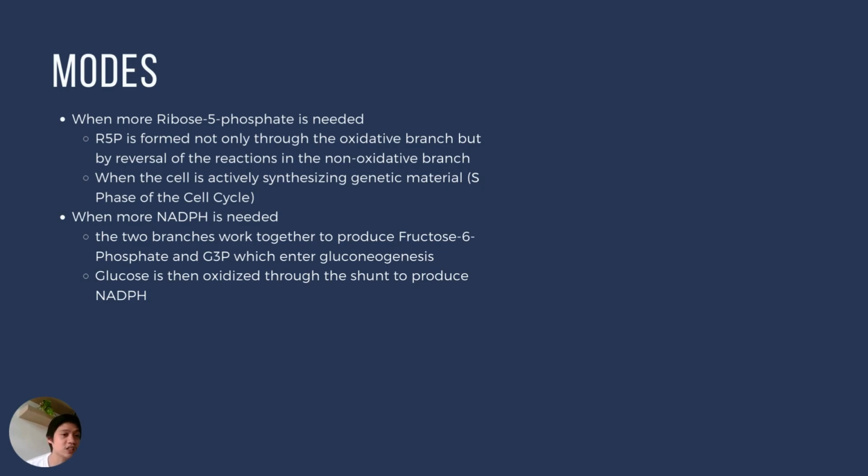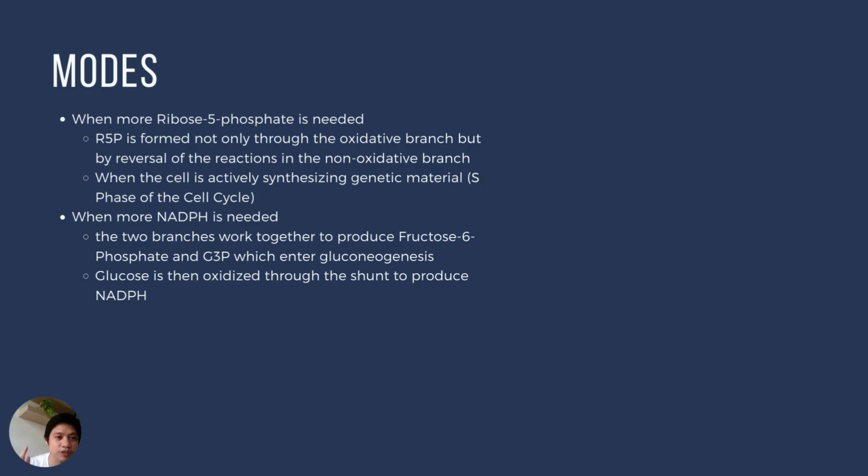When the cell needs a lot of ribose 5-phosphate, ribose 5-phosphate is formed not only through the oxidative branch going down, but also by the reversal of the reactions from the non-oxidative branch. So you have reactants going up the pathway. Okay?